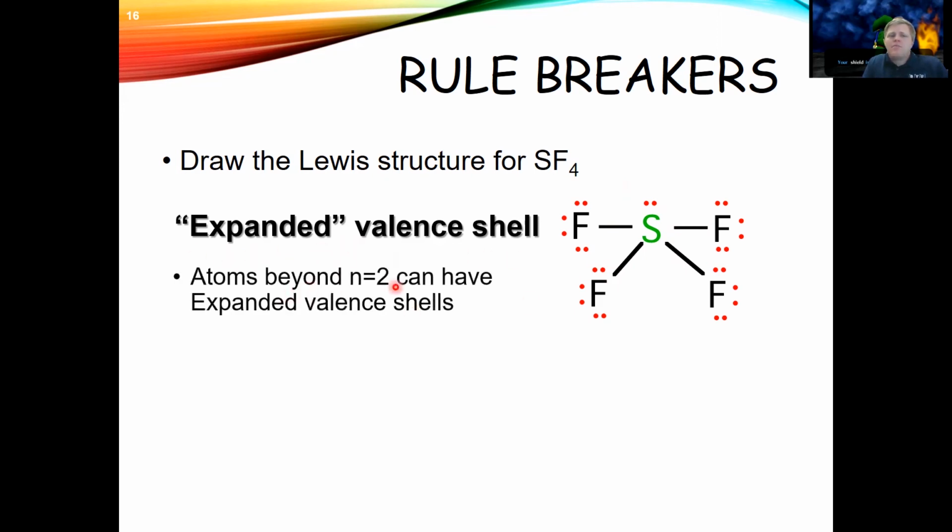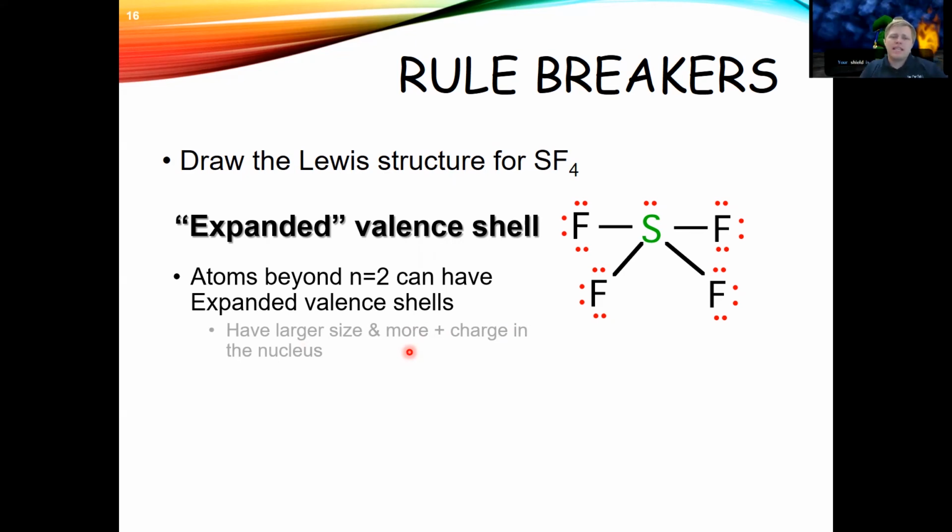So atoms beyond the n=2 level, so things that show up on the 3rd level or the 3rd row on the periodic table, can have these expanded valence shells. Now, just because they can doesn't mean they're always going to. But this happens because these larger atoms are bigger and they have more room around them to fit things in.